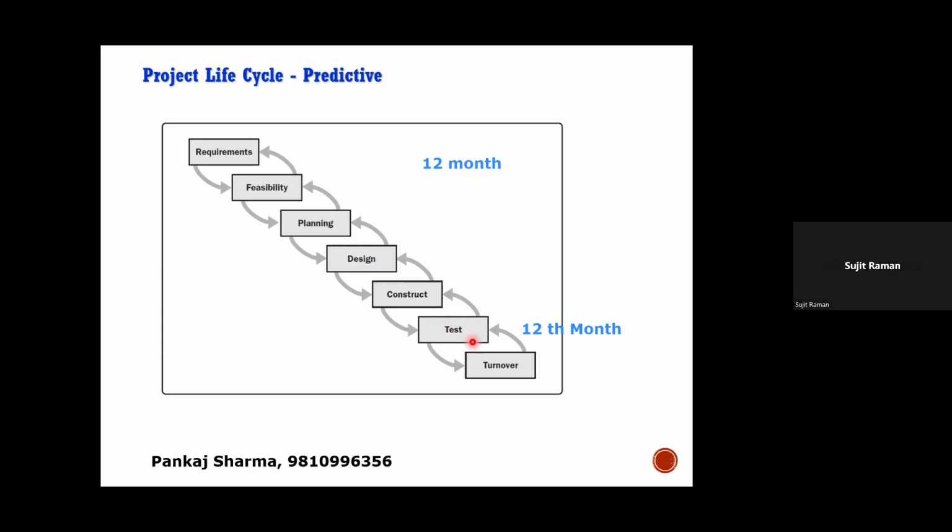So for projects that have some level of uncertainty and are bigger in duration, this waterfall model will not work. You agree or not? Agree, sir. So again, they are very efficient for a small project.